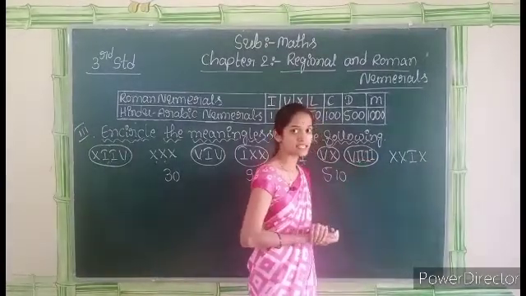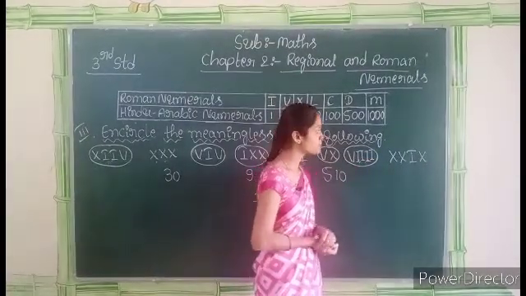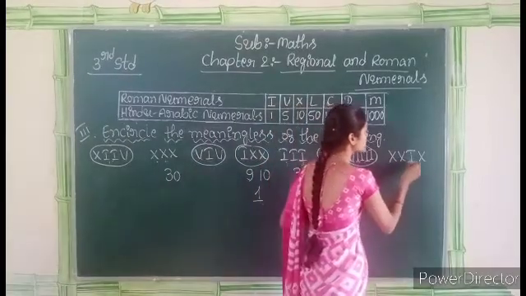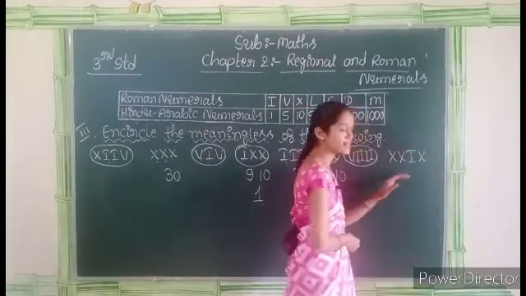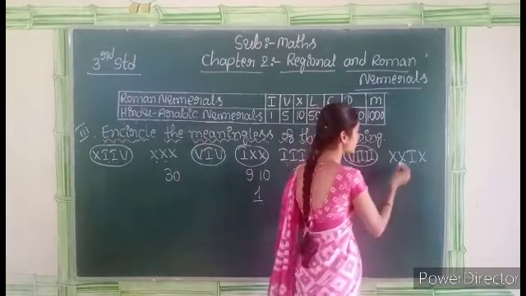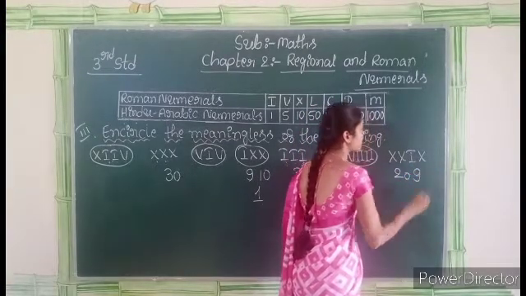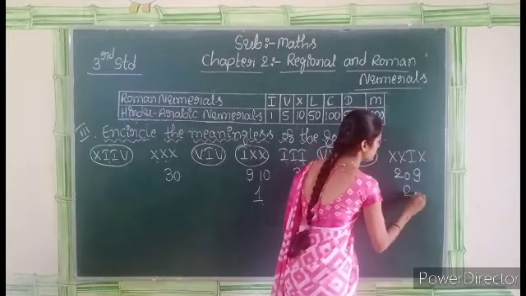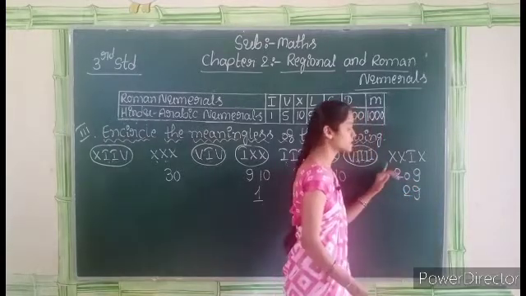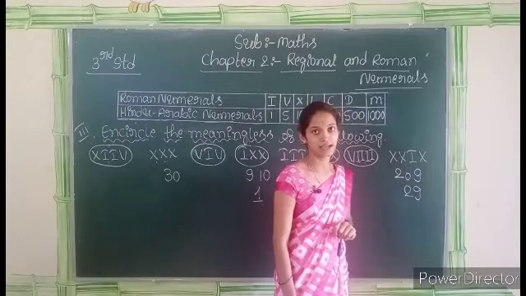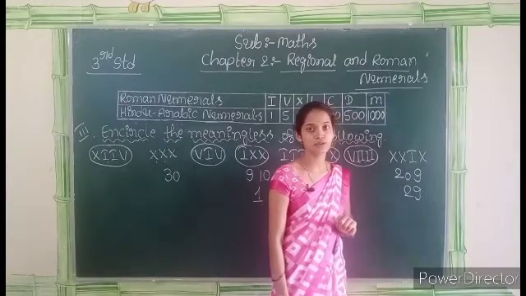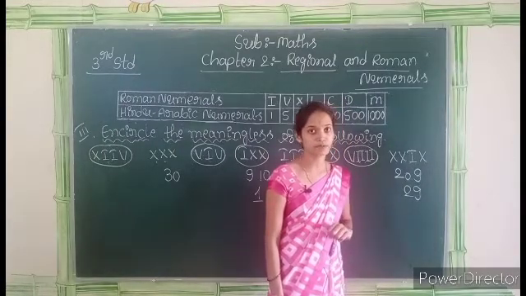That's why this is meaningless. Then XIX. This has meaning. Why? Because XX represents 20, IX represents 9, so we get 20 plus 9, 29. That's why this has meaning. Have you understood, students? So let's move on to the next one.